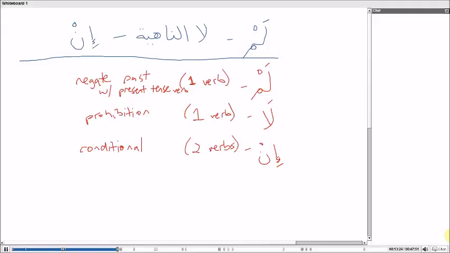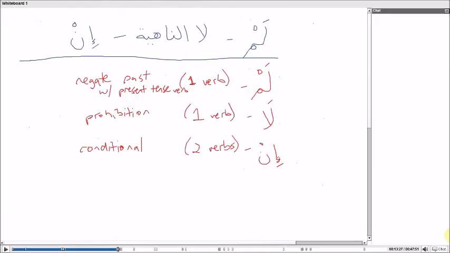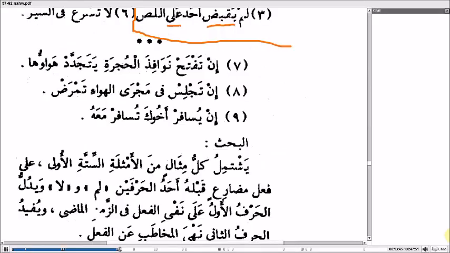We see in these first 3 examples the usage of lam. Lam negated just one verb. I mean, it made majzum just one verb and negated the past tense using a present tense verb. Lam yahfuz, lam yanqati', wa lam yaqbid.